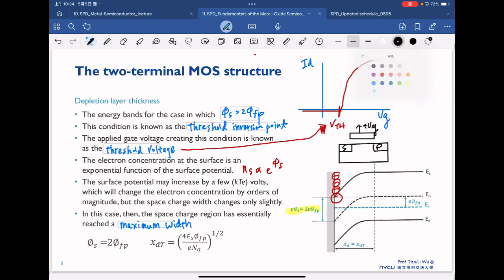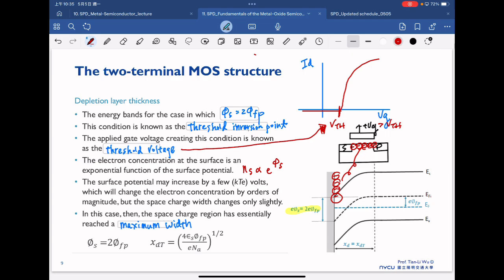So this high concentration of electrons at the surface is, in the end, the same as a high concentration of inverted electrons in the channel when our VG is larger than VTH.